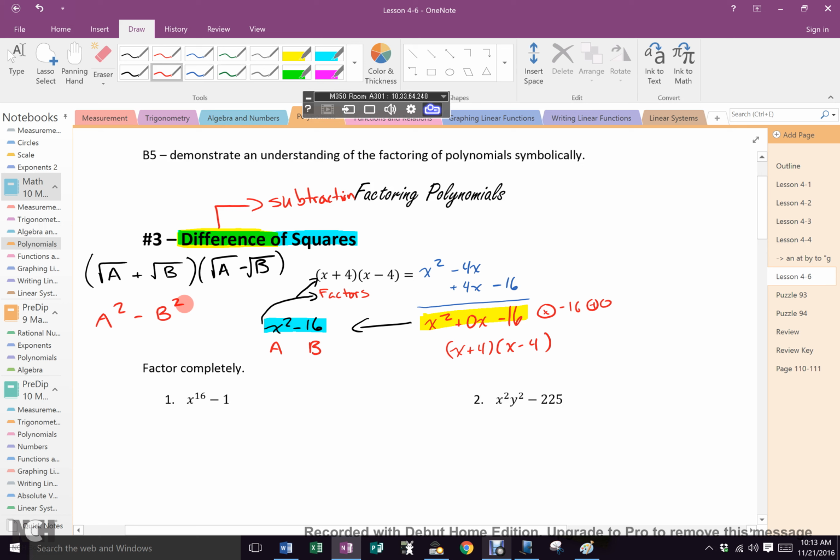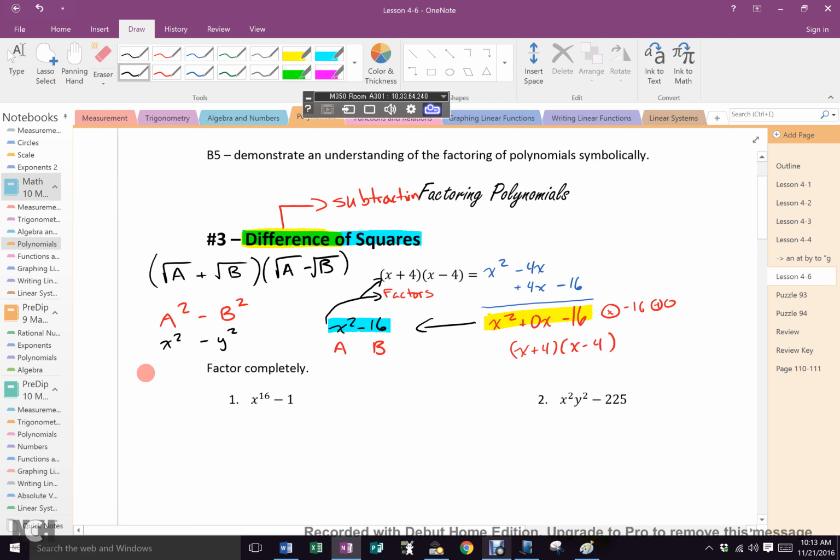So, would x squared minus y squared work? Yes or no? Yes, because it's a square minus a square, right? Squared, squared. Cool?